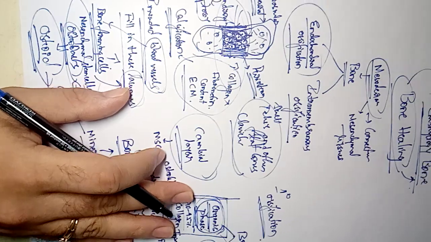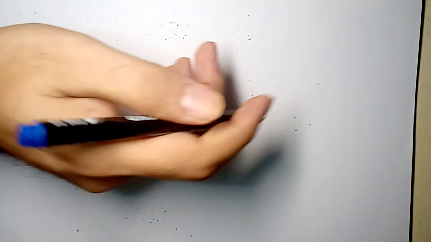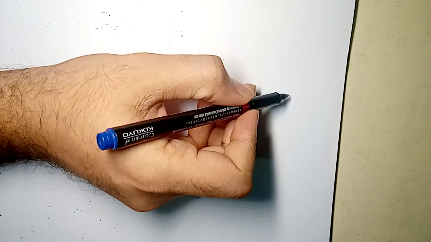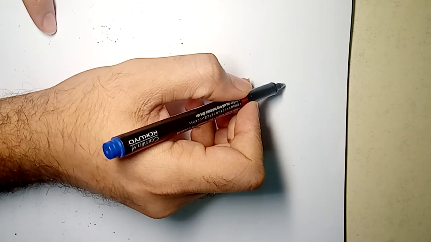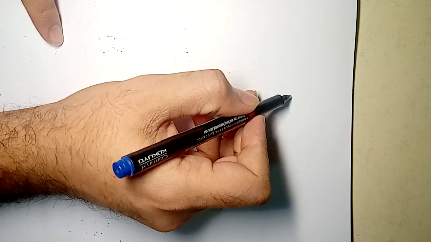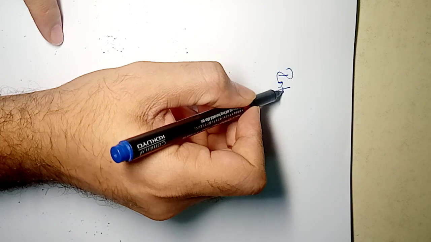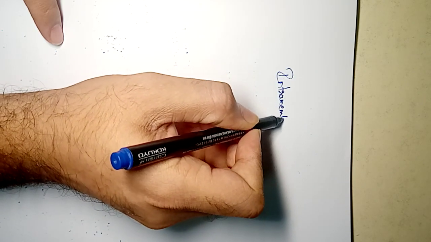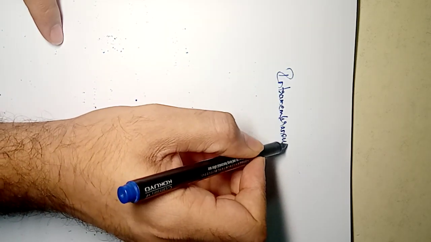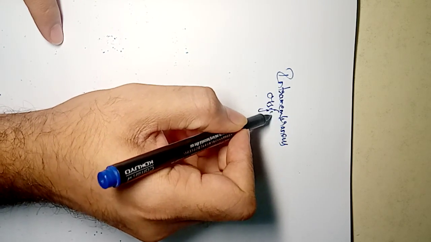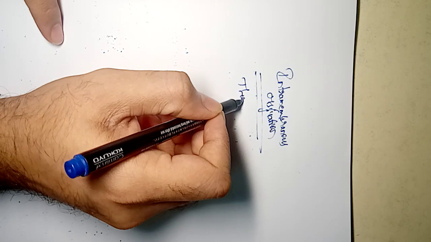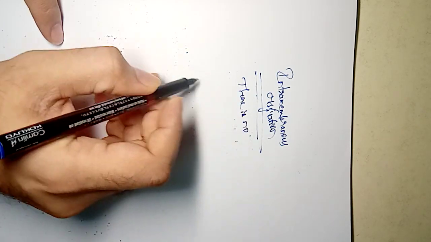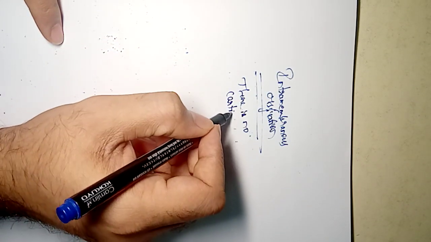So the other mode of ossification in children is the intramembranous ossification. Here there is no cartilage anlage.